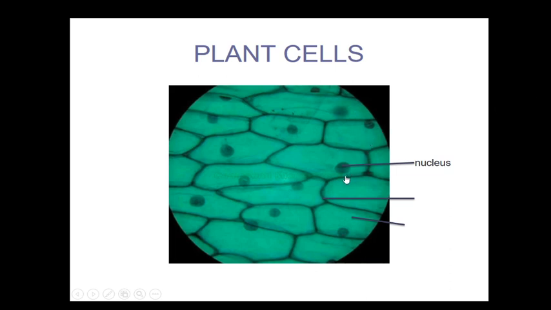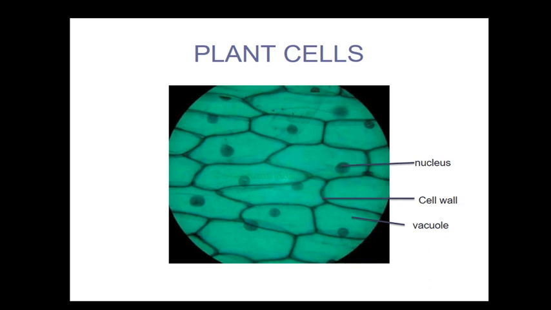Right, then we have this layer that is surrounding the cell. Only found in plant cells. That is called the cell wall. And then the last one is a little bit hard to see, but it's going to be that really large vacuole that is found inside of a plant cell. Vacuole. Make sure that you get these labels.